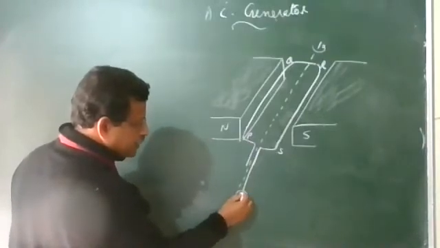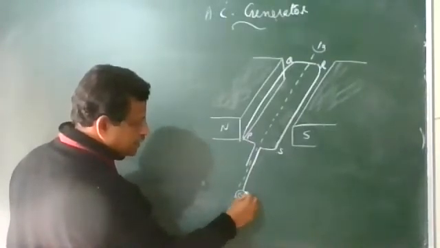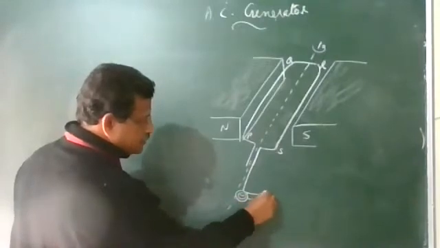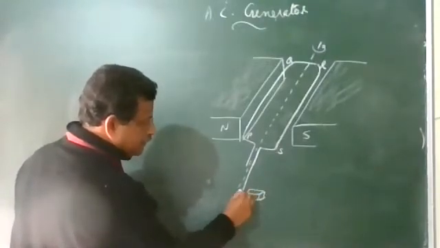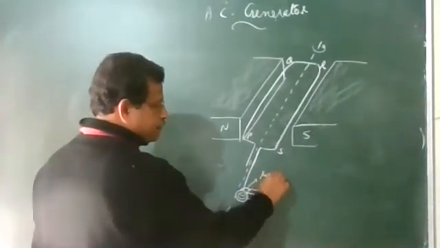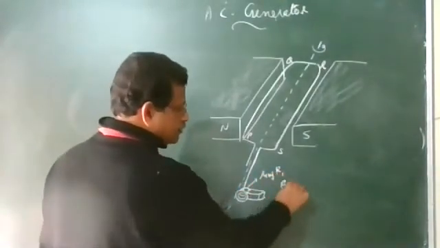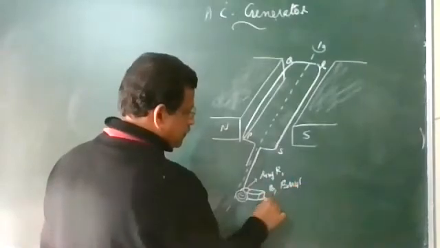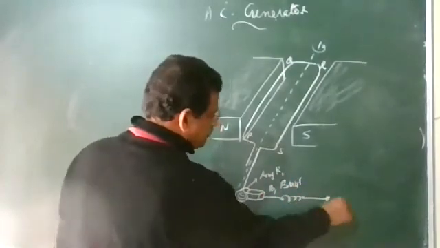How are we connecting? You can see here two circles and a cut, and this is the brush. So this is the ring R1 and brush B1. From here we take the connection.